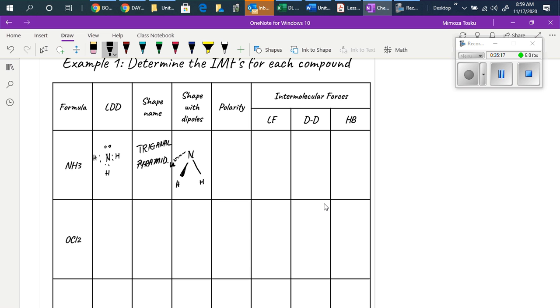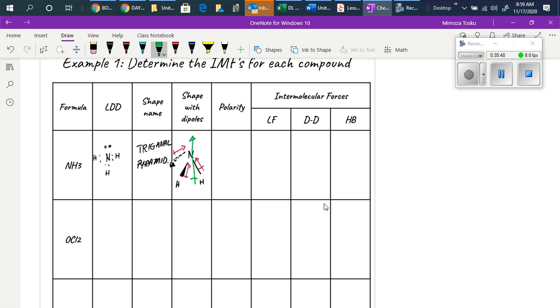Now the dipole moment will be towards the nitrogen. So the dipole will be like this.